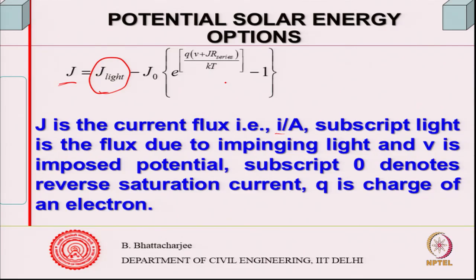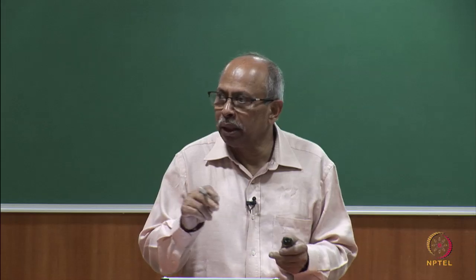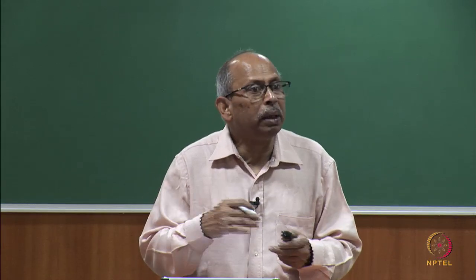When it tries to move, there is a kind of reverse current generated. J is the current flux, subscript light is the flux due to impinging light, V is the imposed potential, and subscript 0 denotes reverse saturation current. So, there is a reverse current generated, because as you increase the voltage, it tends asymptotically, and it will not increase proportionally.